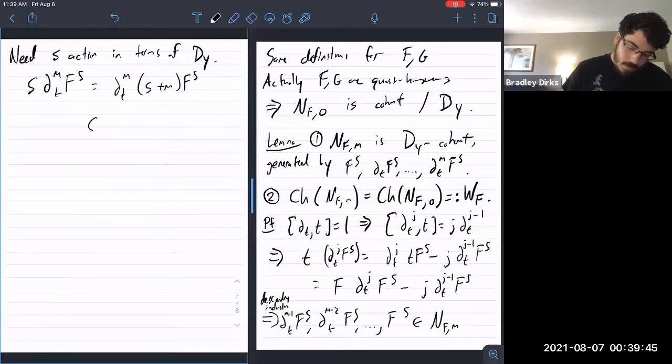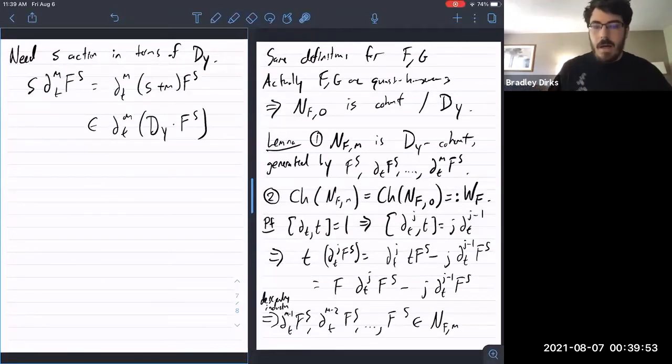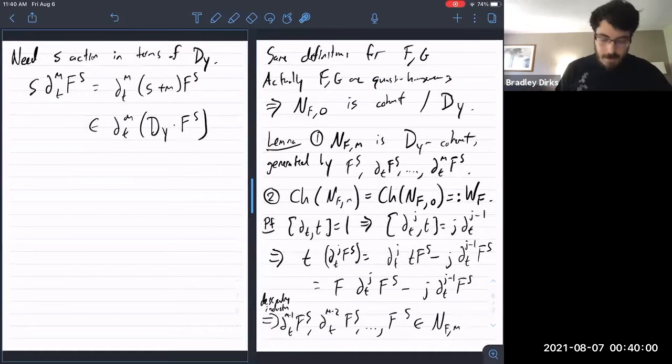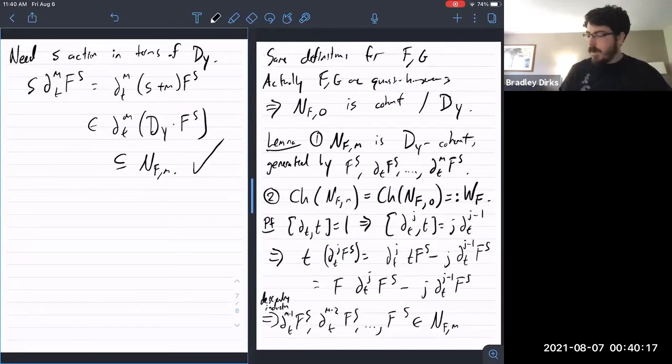This is in D_t^m D_y times f^s, because of our quasi-homogeneity property. Because these are quasi-homogeneous, we get the s action by using that vector field that recognizes them as quasi-homogeneous. By multiplying by that vector field and adding m, we get that s plus m f^s, but then this is contained in N_F^m. That completes the proof, up to writing it out more logically.